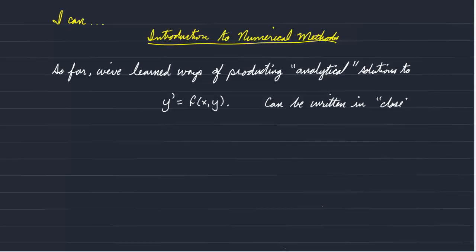Just introducing you to some terminology, that is, you can write them using a pen and paper completely as y is equal to the solution, this is the big S representing a function being the solution. You can write it out completely, and the solution is exact.